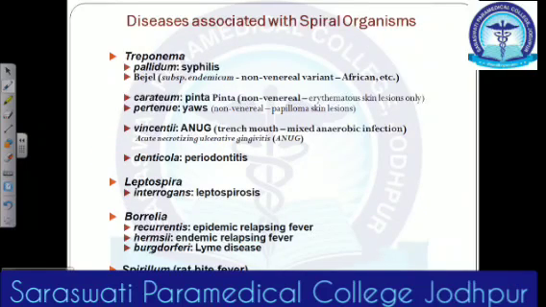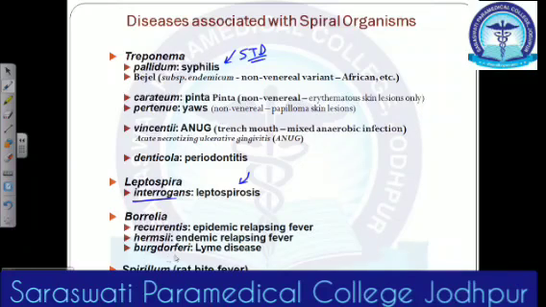Now some diseases associated with the spiral organisms. Treponema pallidum causes syphilis, a dangerous STD. Leptospira interrogans is the species that causes what we call leptospirosis.